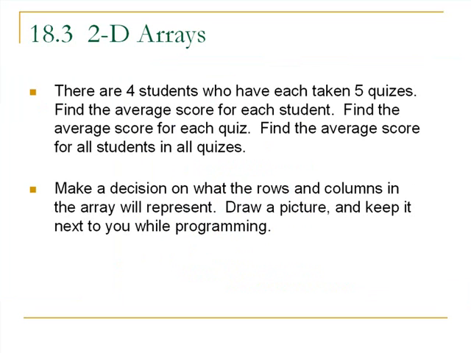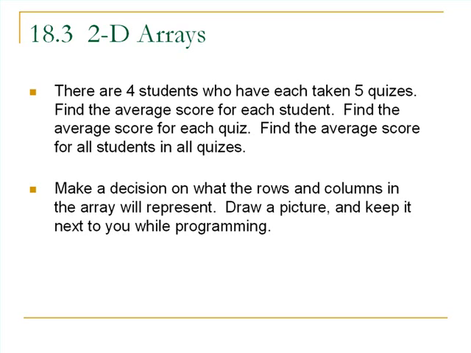And here's our third spec for this section where we work with arrays. This one uses 2-dimensional arrays. So in this example, we have students and quizzes. So we're going to have 4 students and 5 quizzes. How do you spell quizzes? That doesn't look right.